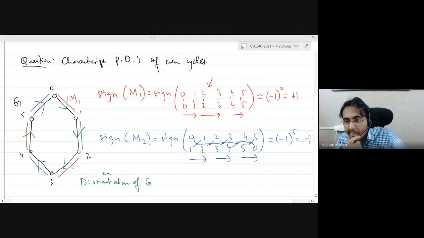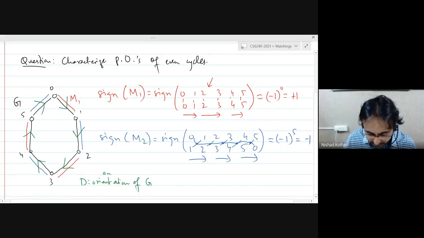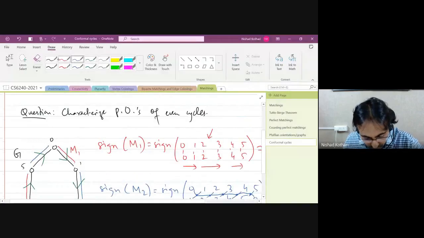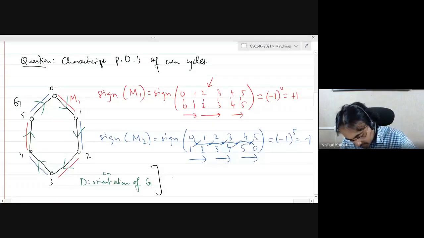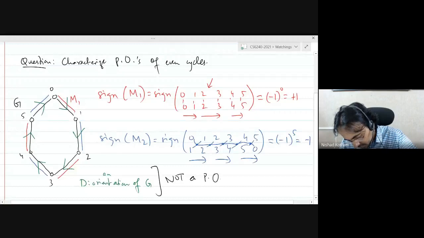Right. So what we have here is not a Pfaffian orientation. The two perfect matchings have different signs, so this is not a Pfaffian orientation. Right. D is not a Pfaffian orientation of G.